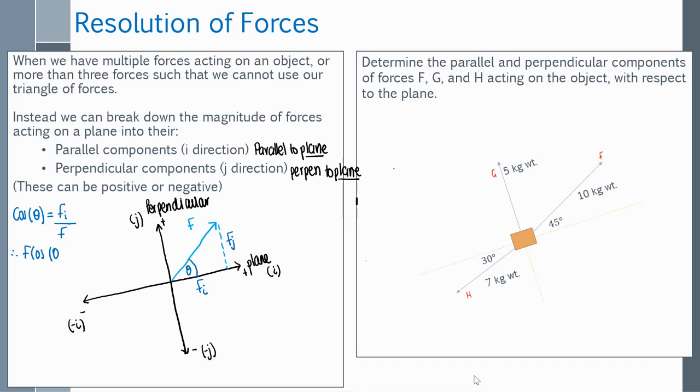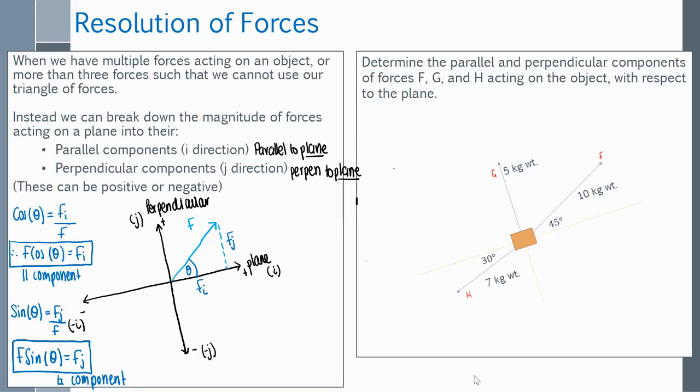So F cos theta is equal to the i component of F. Similarly, we can find an expression for Fj. Sine theta is equal to the perpendicular component over F itself, and rearranging, F sine theta equals the perpendicular component of F.